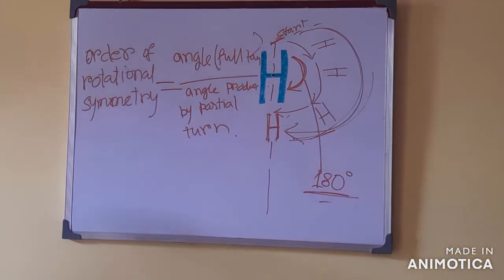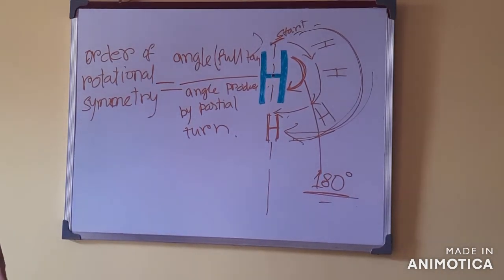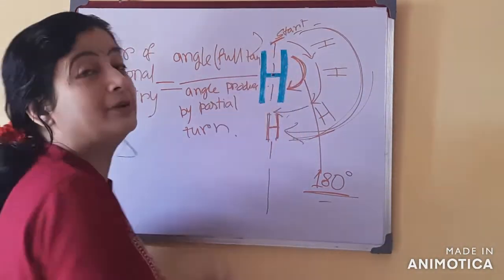So the order of the rotational symmetry is equal to the angle produced by full turn and the angle produced by the partial turn.